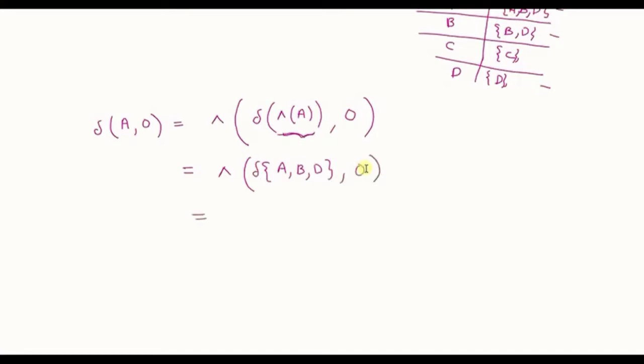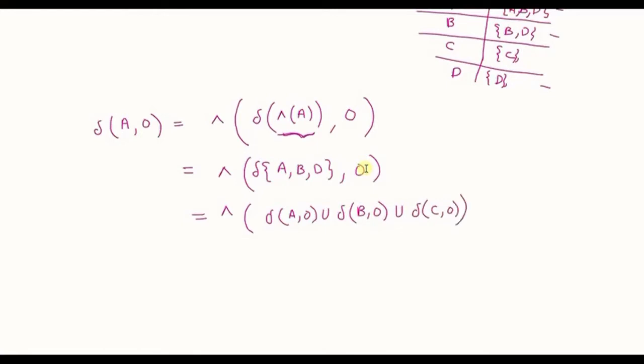This can be further written as, now I told you whenever there is a transition del for a set of states, this can be split by union operation. So this can be further written as E closure of del of A on 0 union del of B on 0 union del of D on 0.